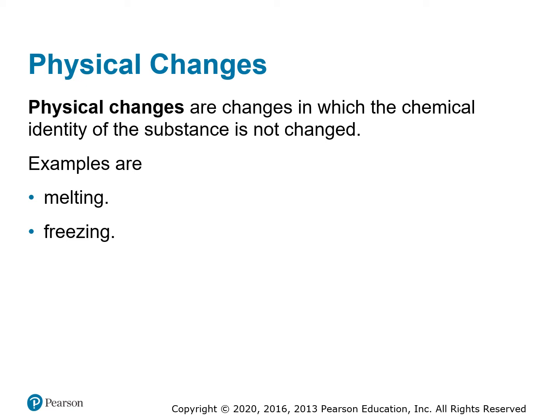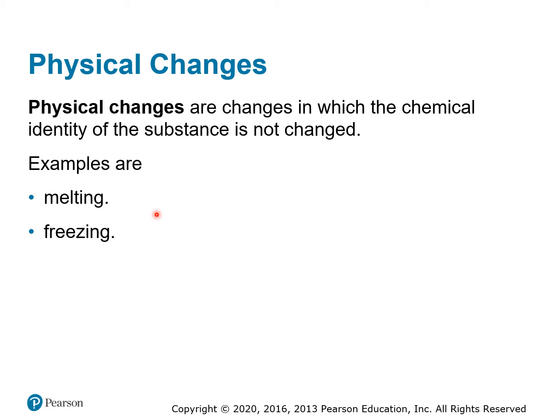Physical changes are defined as changes in which the chemical identity of the substance is not changed. Like physical properties, the physical changes would be melting or freezing, evaporation. So water melts or water freezes, right?